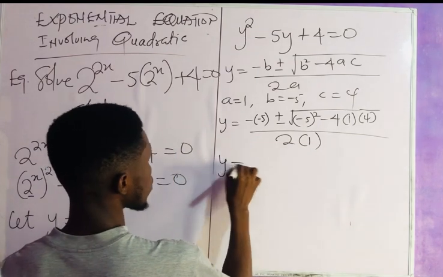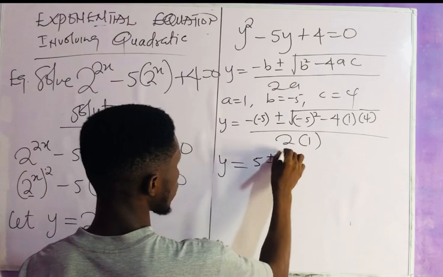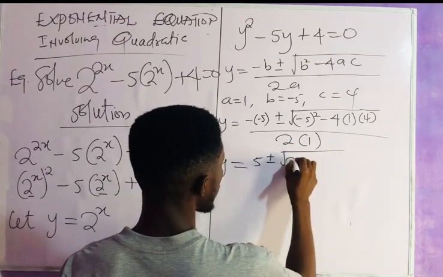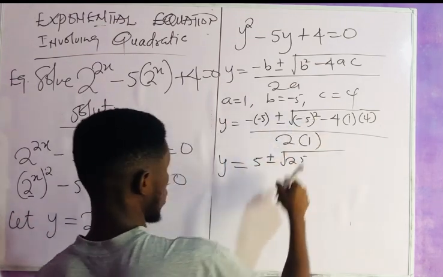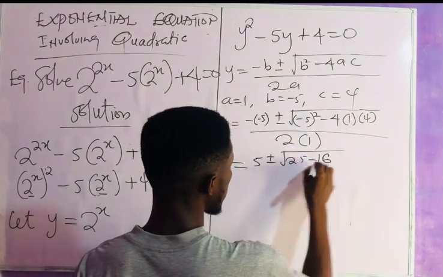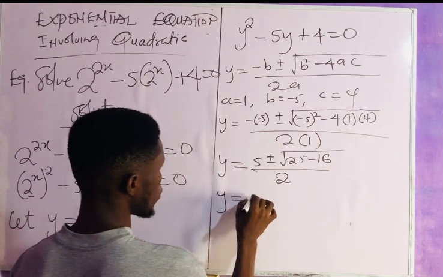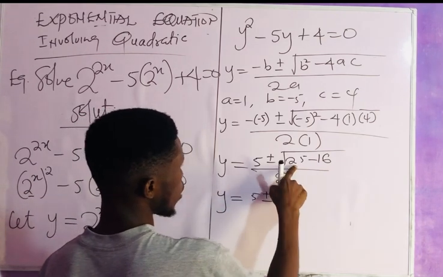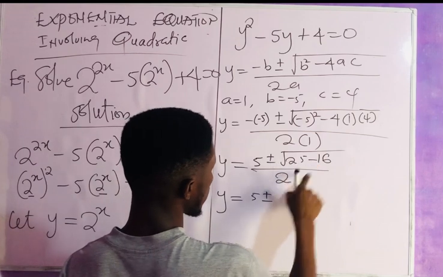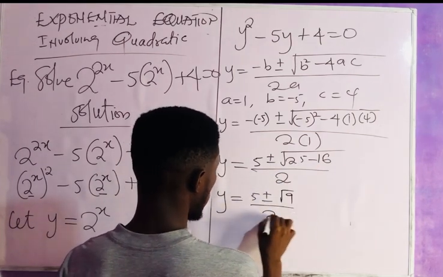So y is equal to negative times negative will give you +5, plus or minus the square root of, that gives you 25 because 5 squared is 25, minus 4 times 4, which is 16, all divided by 2. So my y will be 5 plus or minus the square root of 25 minus 16, which gives me 9. So the square root of 9, over 2.